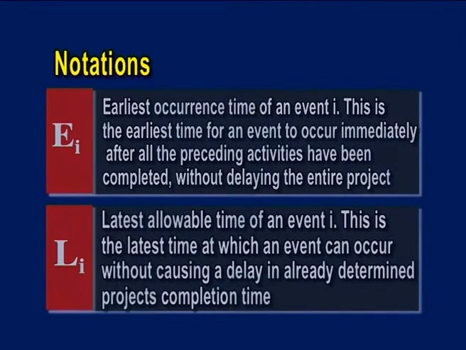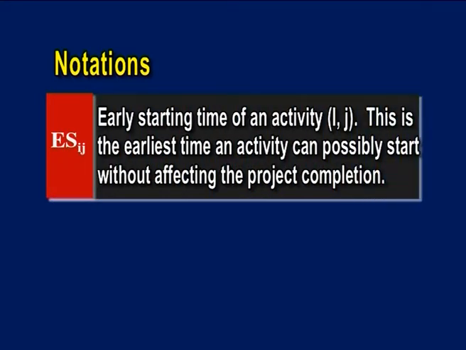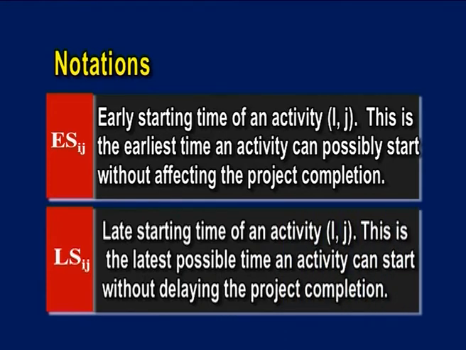Es of Ij is the early starting time of an activity Ij. This is the earliest time an activity can possibly start without affecting the project completion. Ls of Ij is the late starting time of an activity Ij. This is the latest possible time an activity can start without delaying the project completion.